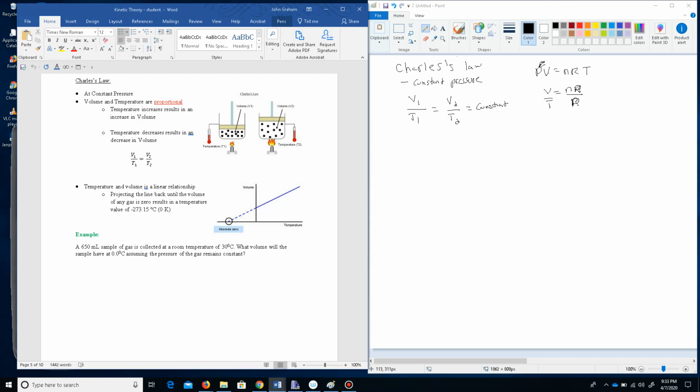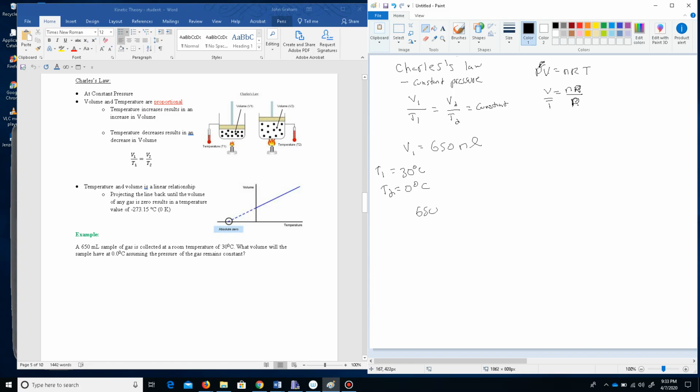Let's look at an example here. A 650 milliliter, so that's volume 1, of gas is collected at room temperature, that is 30 degrees Celsius. So that's temperature 1. What volume will the sample be at 0 degrees Celsius? So temperature 2. Now I'm going to do something very bad. I'm just going to plug these in real quick.